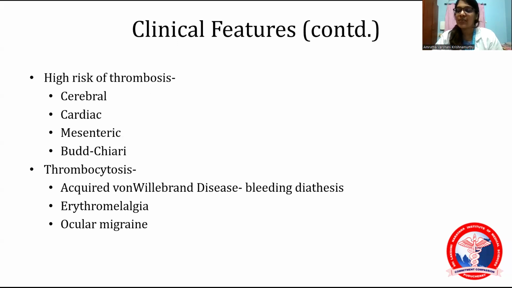This is somewhat similar to aquagenic pruritus, but in aquagenic pruritus patients tend to have itching. Here it is more of pain as well as a burning sensation which is present in the bilateral upper limbs as well as bilateral lower limbs. This is also one of the peculiar symptoms of polycythemia vera. Other symptoms will include migraine.